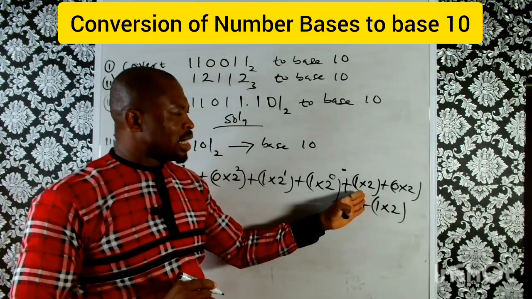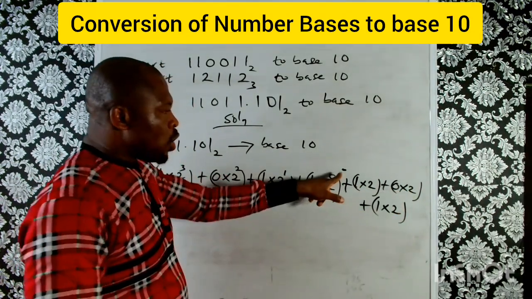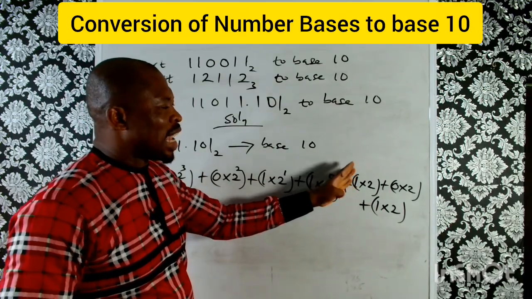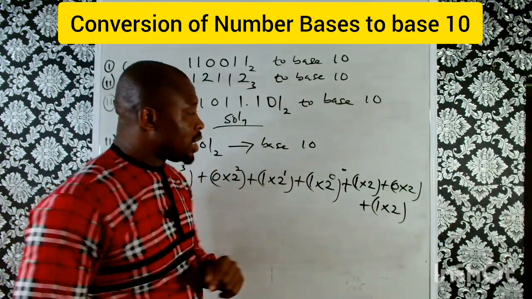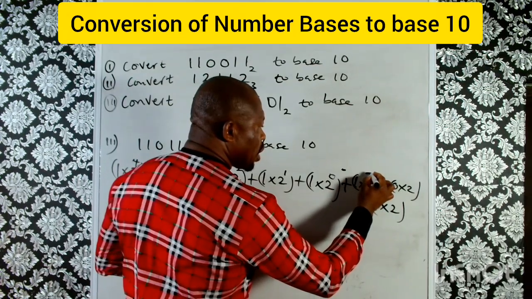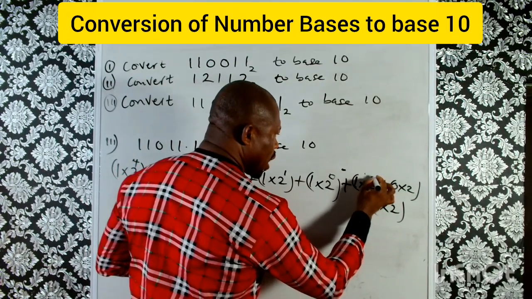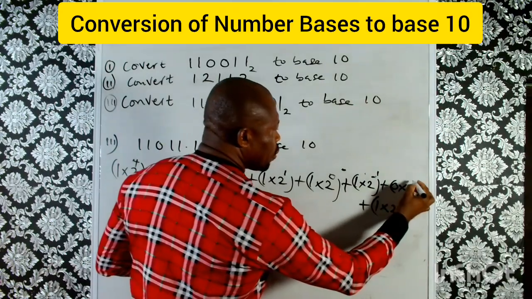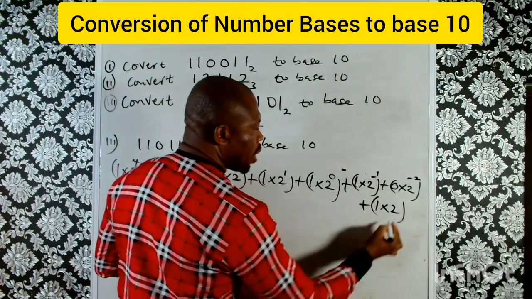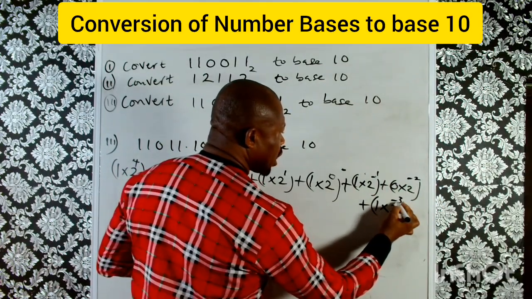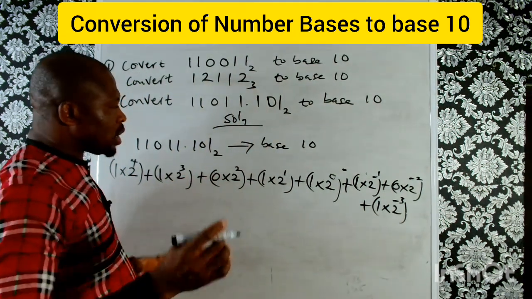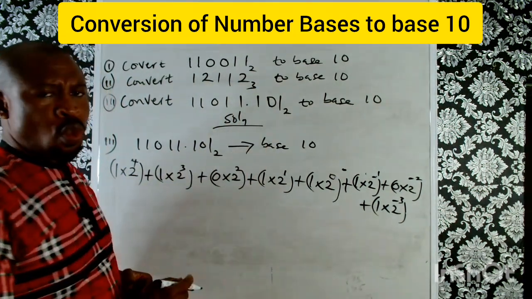Now, how do we assign numbers to this one? Already we have 0 here. We cannot start 1 again. Instead, we start with raised to power minus 1 here, raised to power minus 2, and then raised to power minus 3. Now we expand them one after the other.